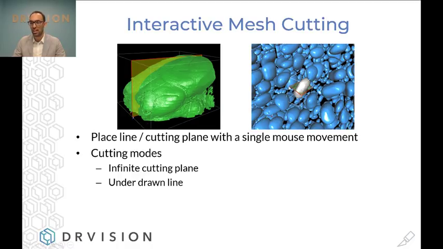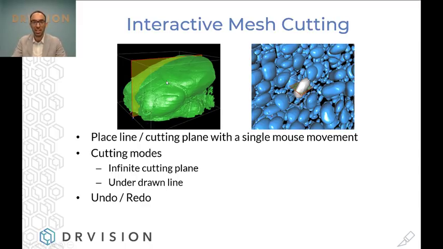So you draw a line here, and you select, of course, the object you want to cut, and it creates a plane only around or near that object, the one that you selected, not the others. So this is great in case you have many other objects around that you don't want to cut. And this one is in case you want to cut everything.